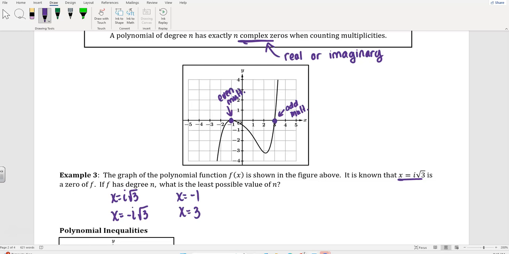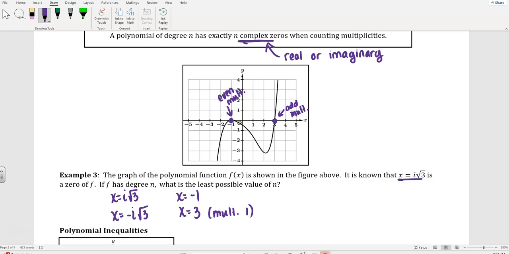But you could say, what is the least possible degree? It is possible that the degree is higher. But the lowest odd number that we know is 1. So if we're looking for the least possible value of n, the multiplicity at x equals 3 is 1.